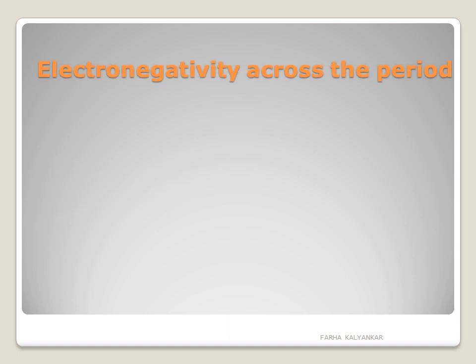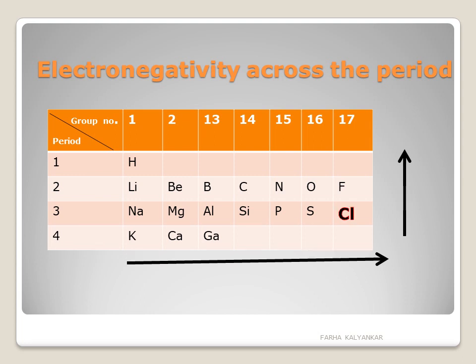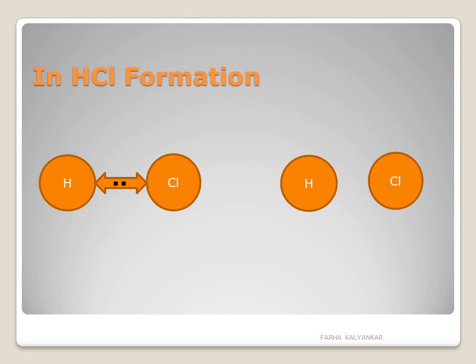In the periodic table, as we move from left to right, the electronegativity goes on increasing. In terms of HCl, chlorine has higher electronegativity. That is, it has the highest tendency of attracting the shared pair of electrons towards itself.